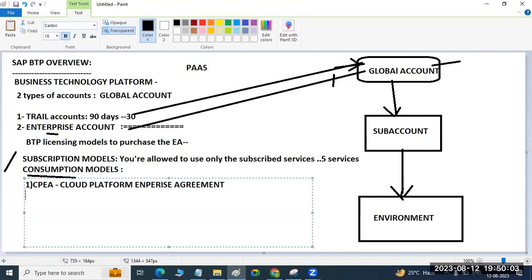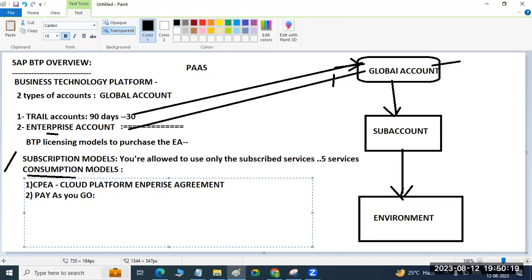And the second one, our favorite, is the pay as you go model. These are the two flavors available in the consumption based model.